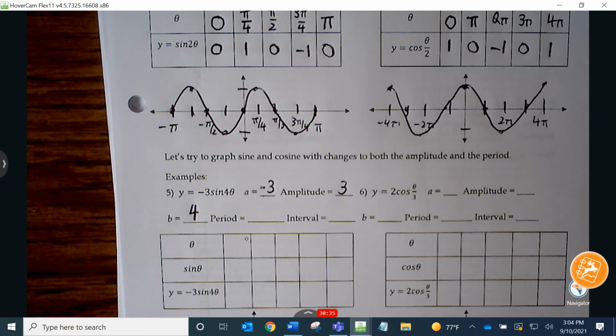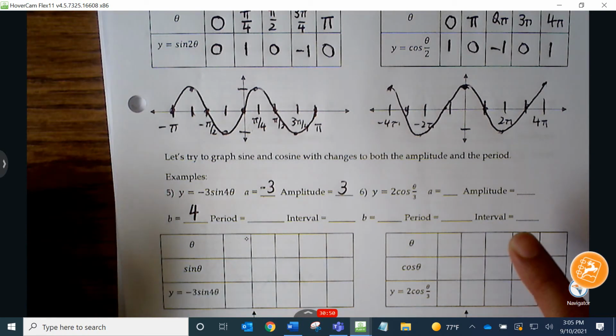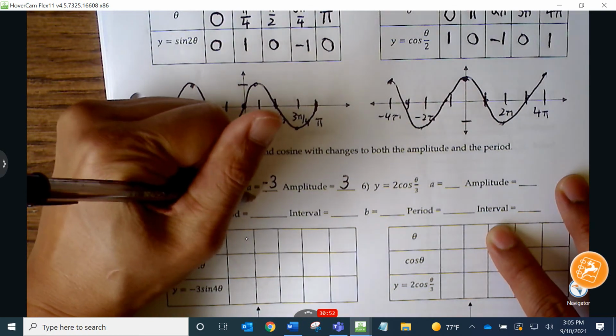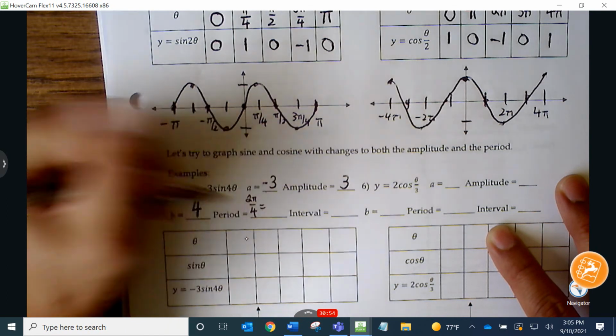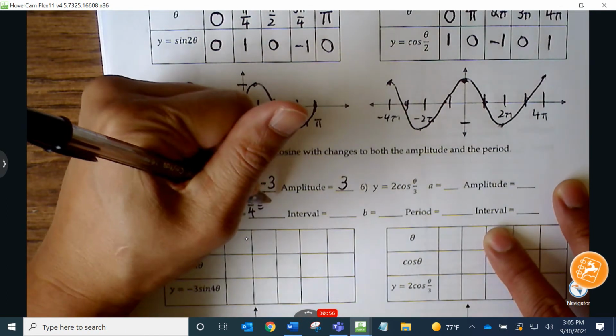So we're taking our initial period length and dividing by 4 to get our new one. Okay, so 2 pi divided by 4, which reduces to pi over 2. Good.